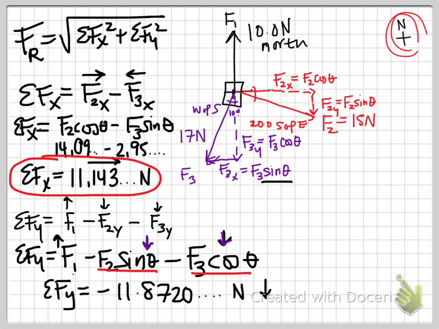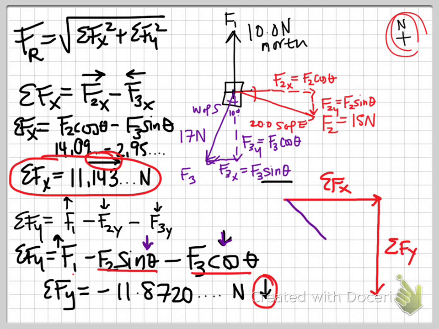Well, remember that these little arrows are what you need. These are pretty easy because they're close in magnitude. So I'm going to draw this is my sum of forces on the x, and the magnitude's 11.1, etc. Here's my sum of forces on the y, and my resultant, of course, is going to be the hypotenuse of that triangle.